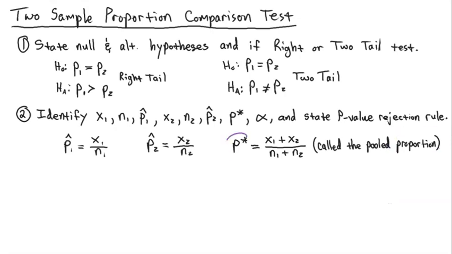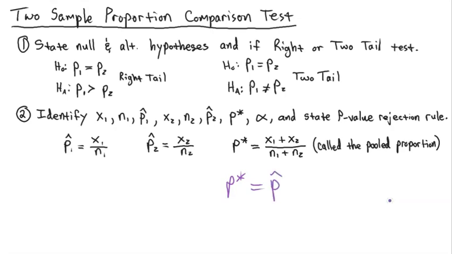Now sometimes this P star actually goes by P hat, which can be confused with a single sample proportion, but I just want you to know that you may see P hat representing the pooled proportion instead of P star, okay? For the purposes of this 2 sample proportion comparison, P star is exactly the same thing as P hat.